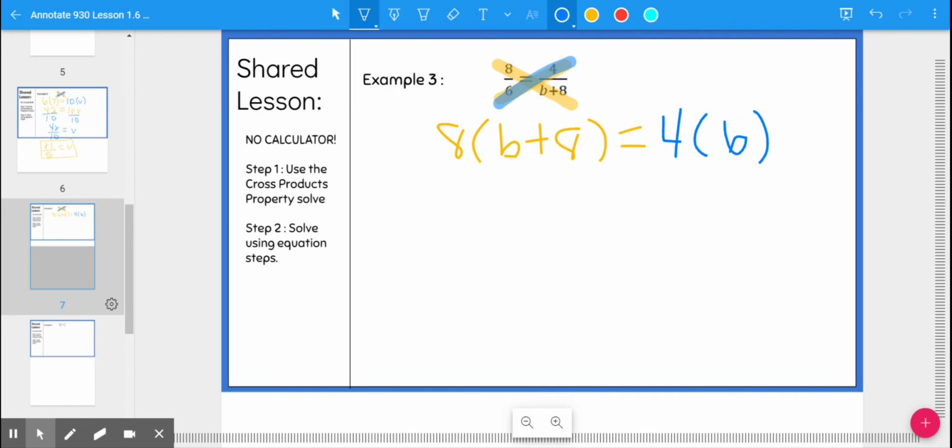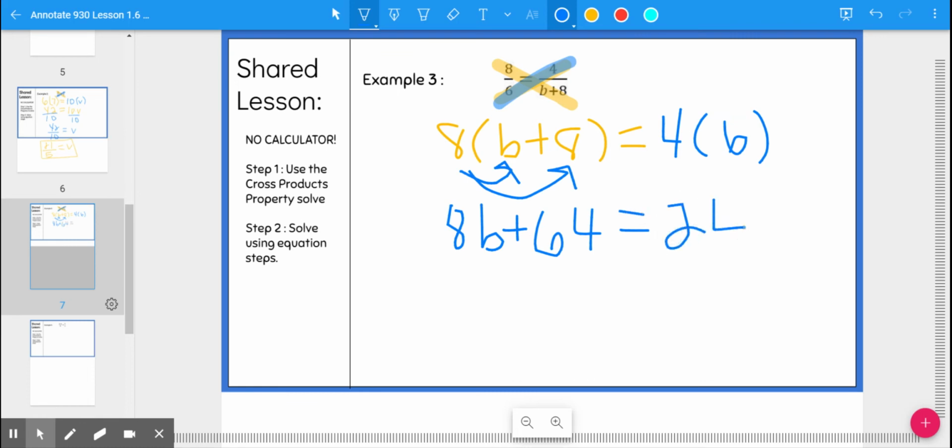Again, that first step before we can start moving things over, we have to distribute that 8 to what's inside the parentheses. So we have 8 times b, which is 8b, plus 8 times 8, which is 64, is equal to 4 times 6, which is 24.